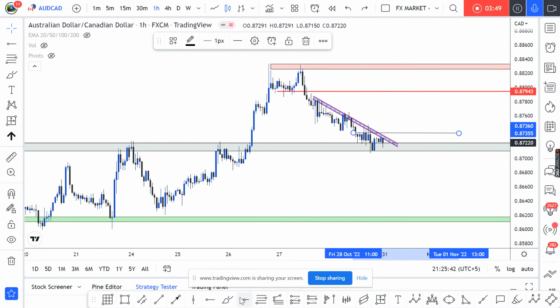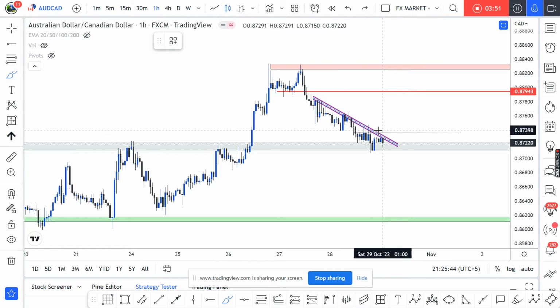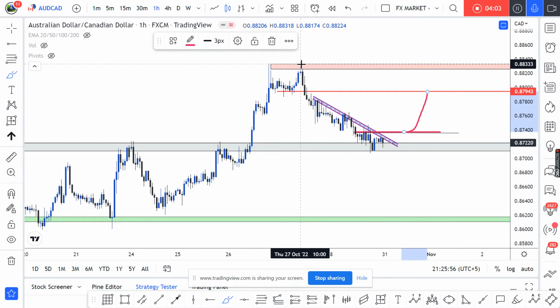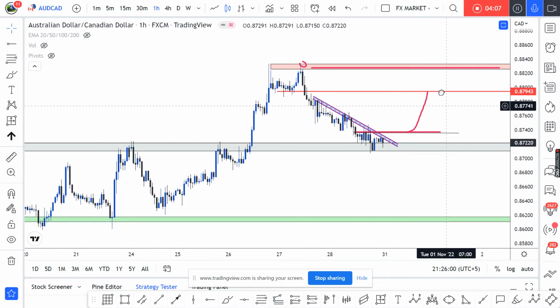If price breaks this trend line and this level, which is the 8737 area, to the upside and closes above this area, then you can go long for this target. First target 8794, and then the next target is the 27 October high, which is this area. So you can hold it for this area.